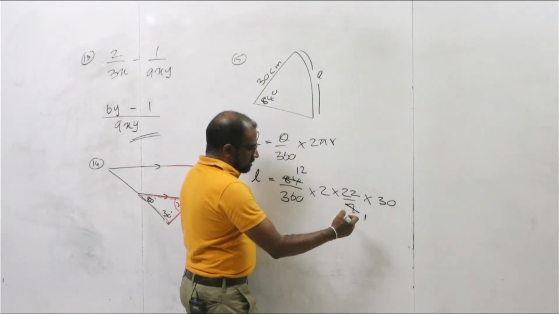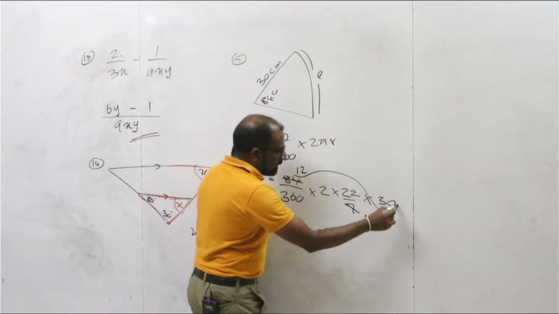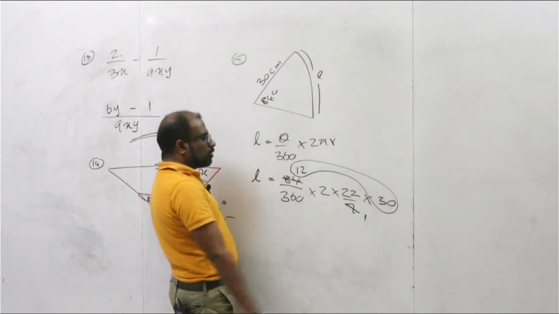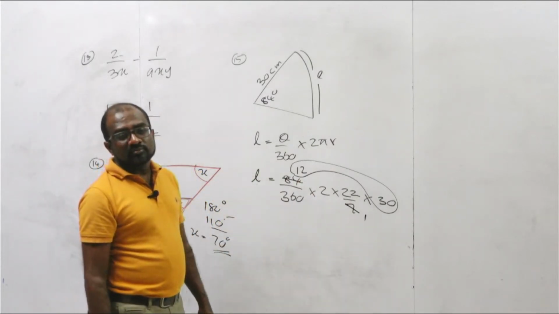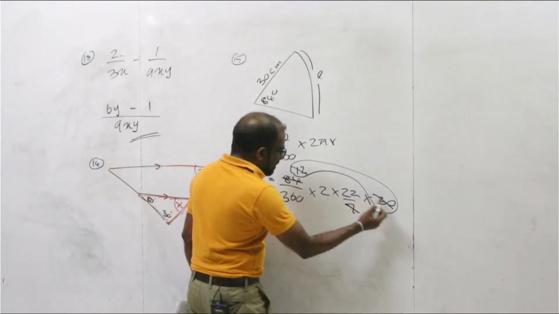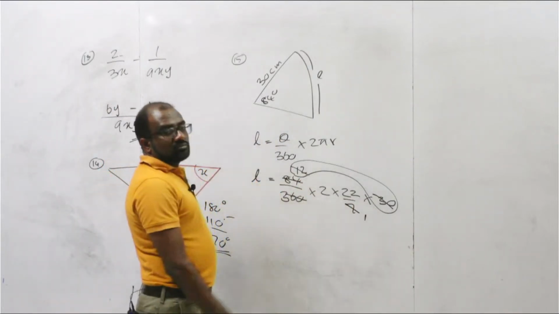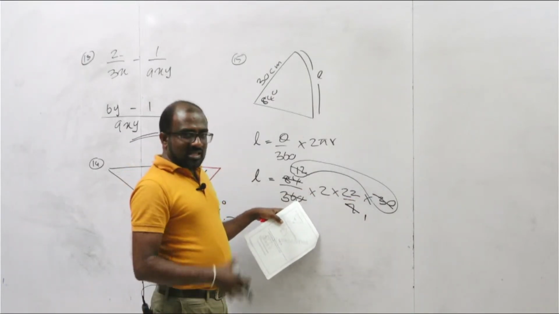Here, 12 times 30 is 360. You can cancel 12 into 30 to make 360.